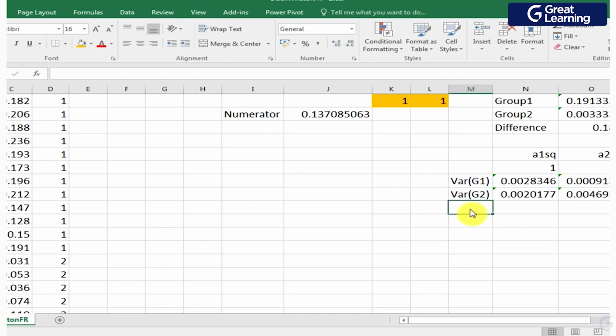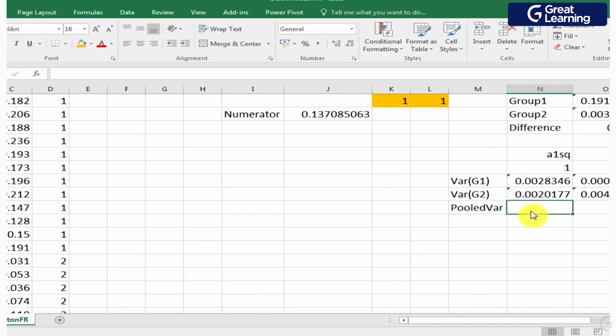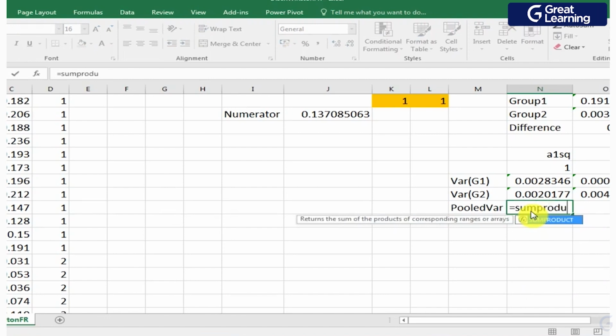So what is my overall variance, if I have to say? Sum product of the first one plus the sum product of the second one divided by 2. Am I correct? So let me put here pooled variance is equal to sum product A1 square, A2 square, 2A1 A2.